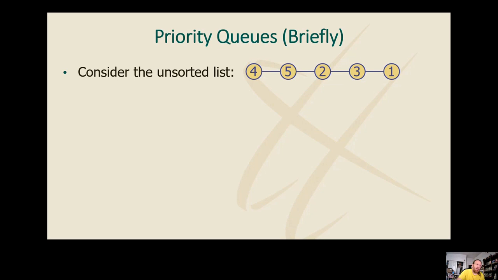So if we draw it this way, assume that there is some value associated with each of these. The nature of that value, from our perspective, is unimportant at the moment.